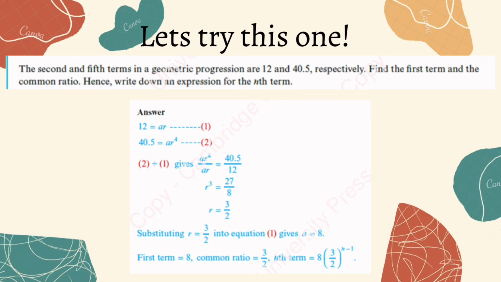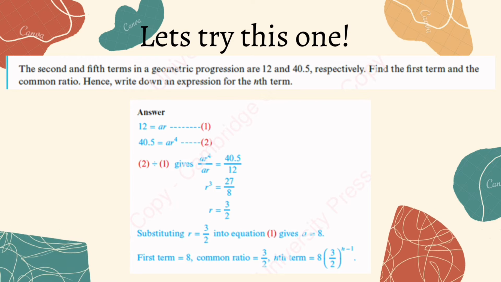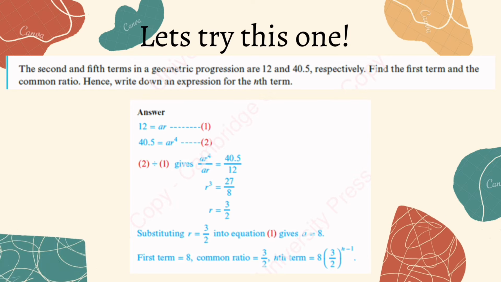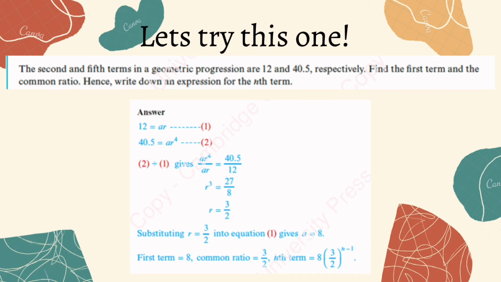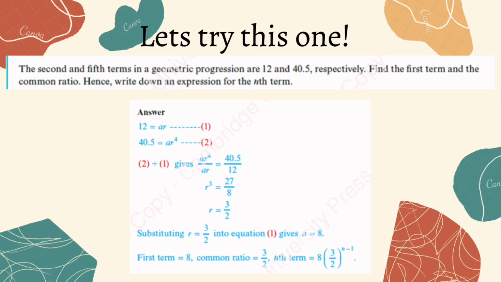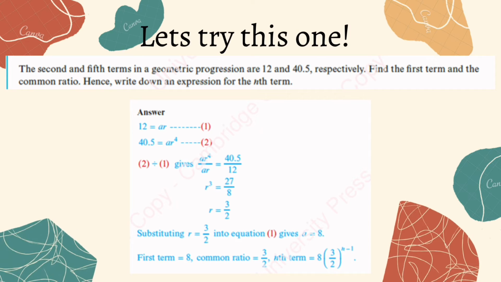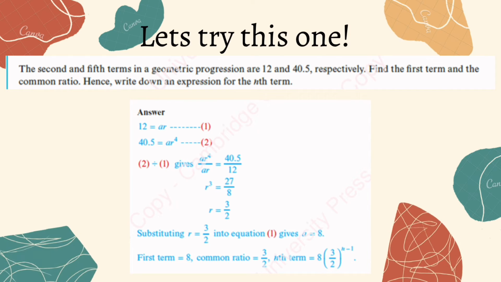The fifth term over the second term is equal to the ratio to the power of the number of terms in between, and we will find the ratio of the progression, and we will get the exact value of the first term by using the formula. Please remember, we need to leave it in terms of the fraction, and we got the answer.